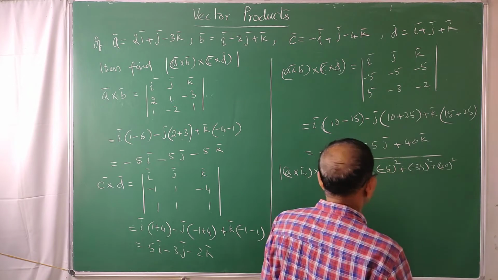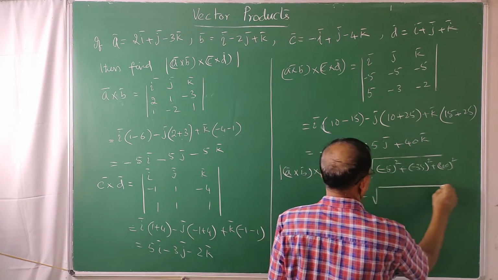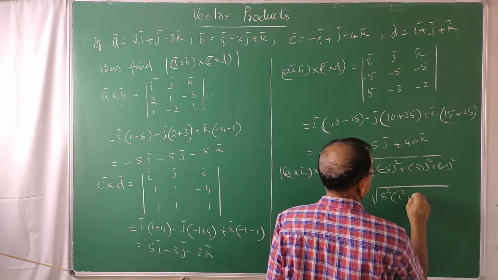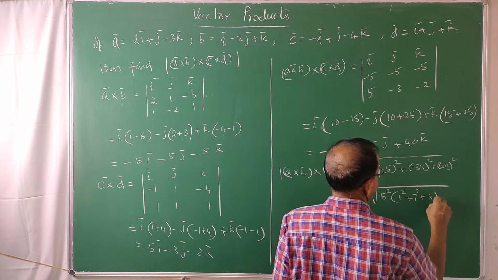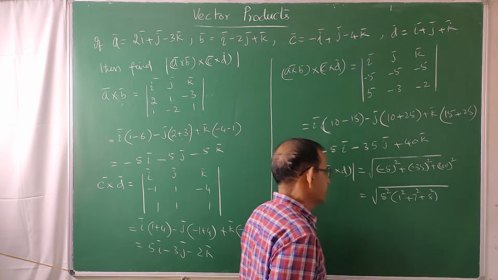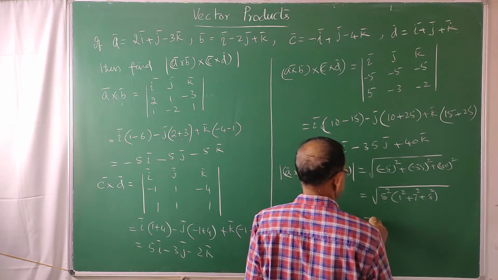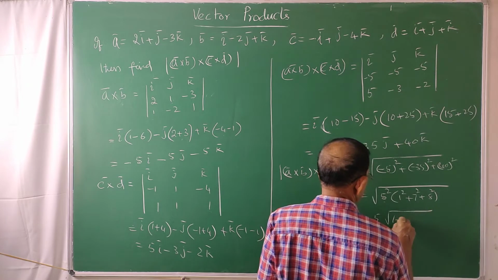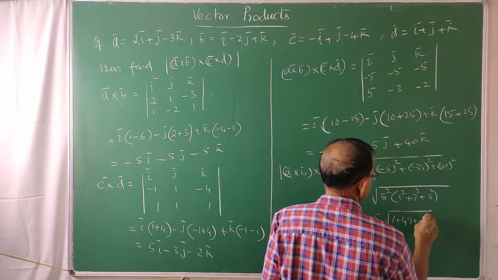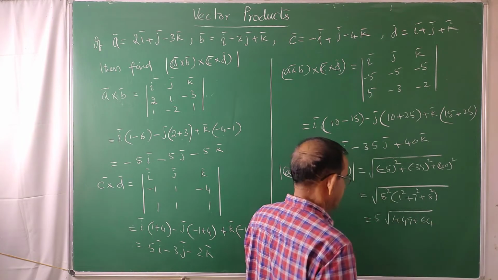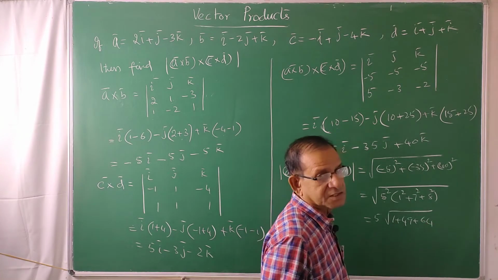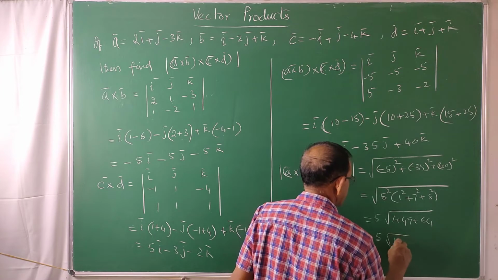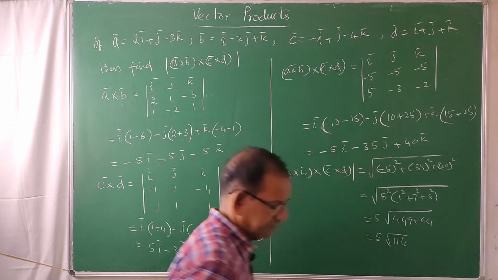You will take 5 square common, 5 square into 1 square plus 7 square plus 8 square, because this is 8 into 5. If you write 5 square outside, it will become 5 into square root of 1 plus 49 plus 64. 50 plus 64, 114. 5 times root 114.